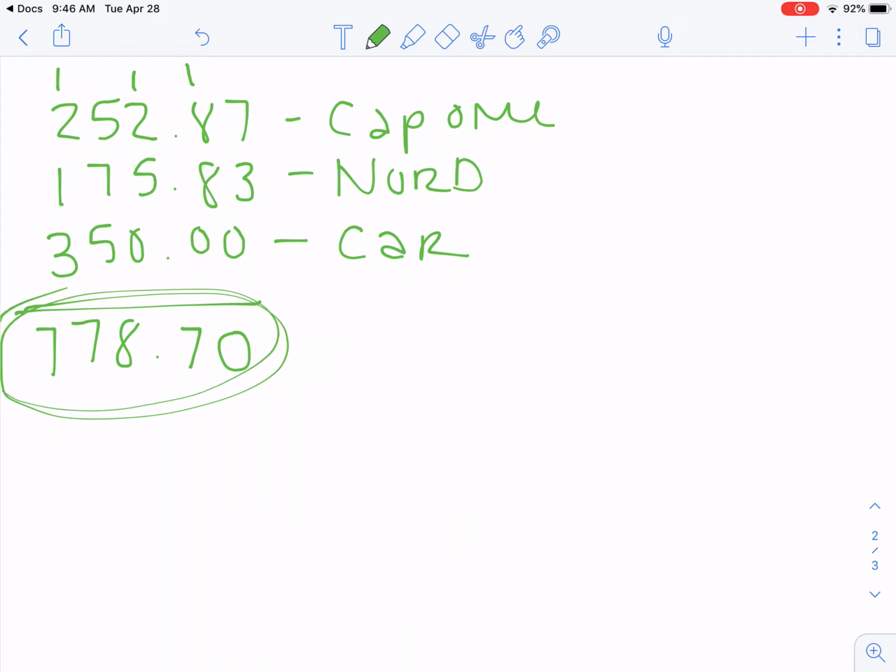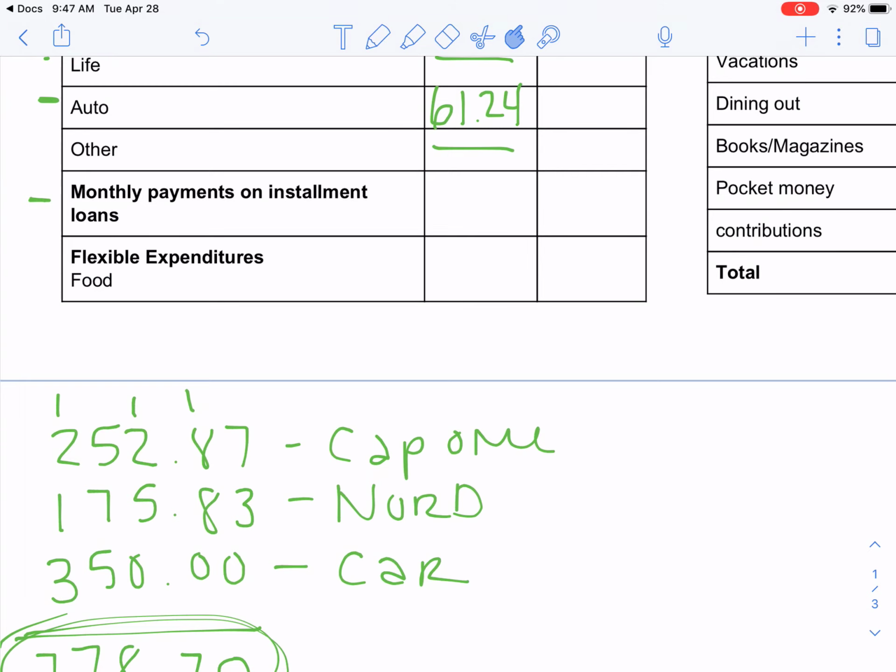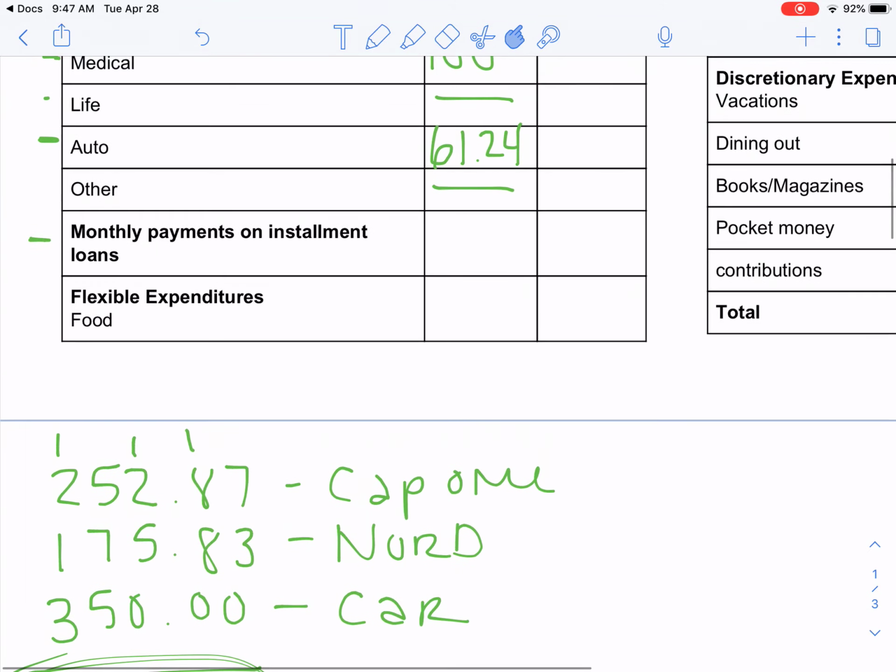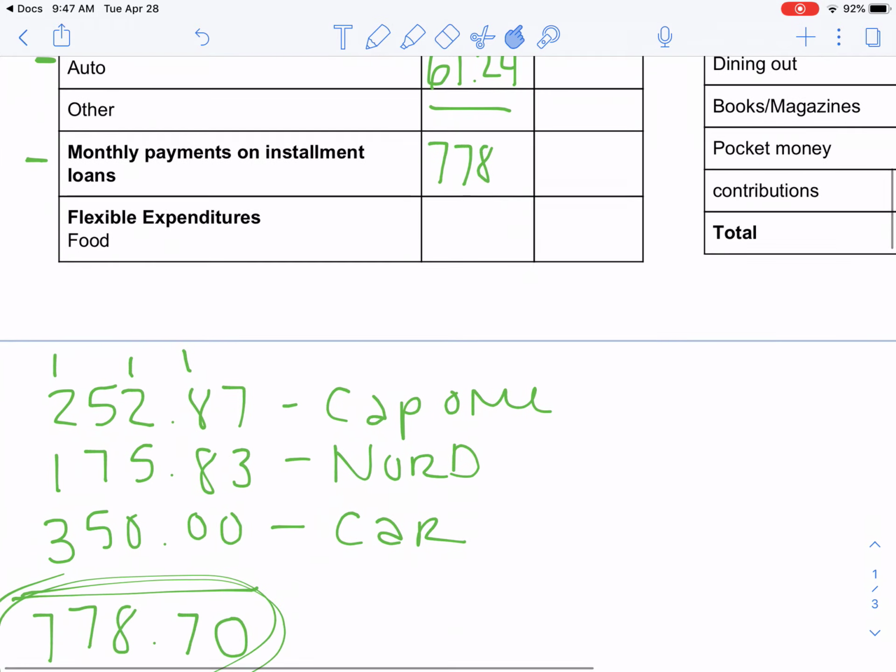Please let me know if you get something different and if I did my math wrong. So we are going to move that price up, $778.70. And that is their monthly payments or installments on loans.